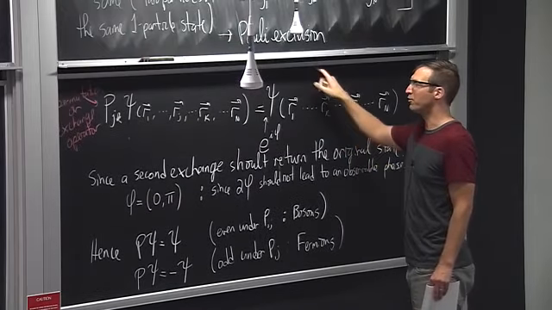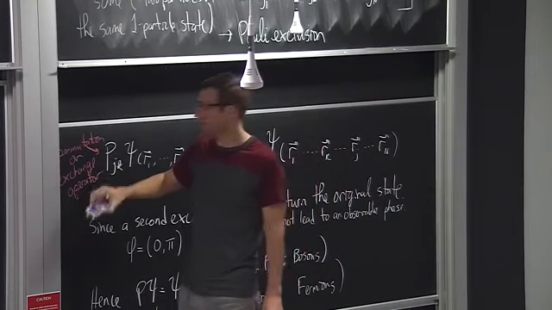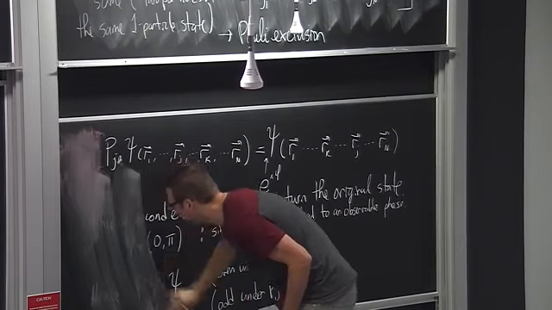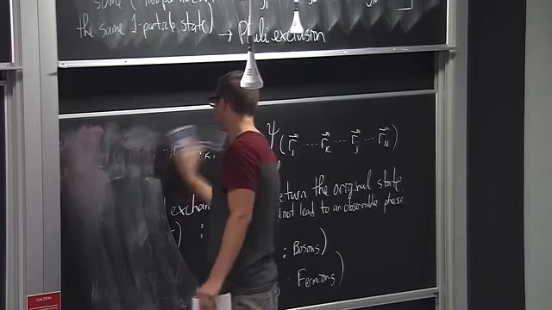That was basically a review of first quantization. So a first quantized wave function for an n-body system is just written in one of these ways.